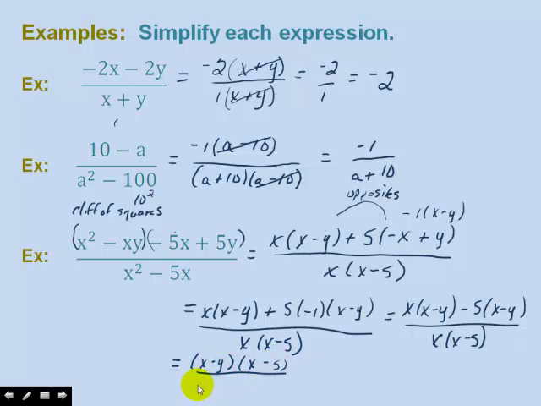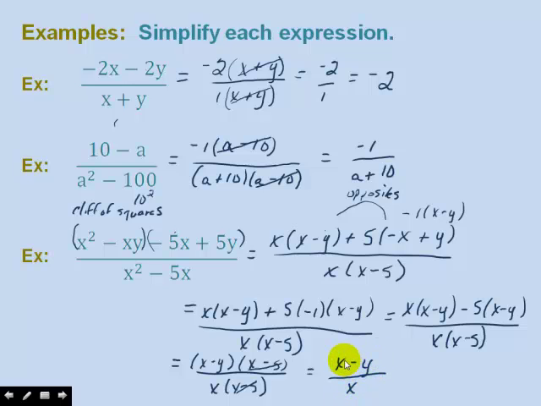On the bottom we have x times x minus 5. So now we have a factor in common, which is the x minus 5. So to simplify this, we're going to cancel that out, and we're left with an x minus y in the numerator and an x in the denominator.